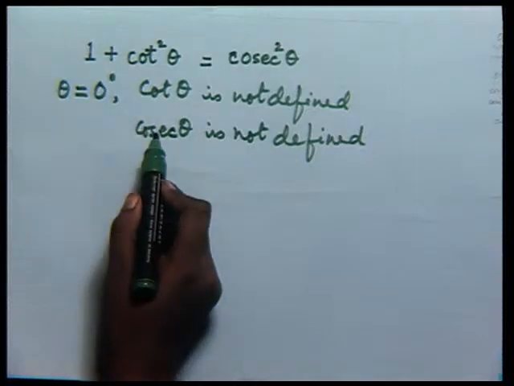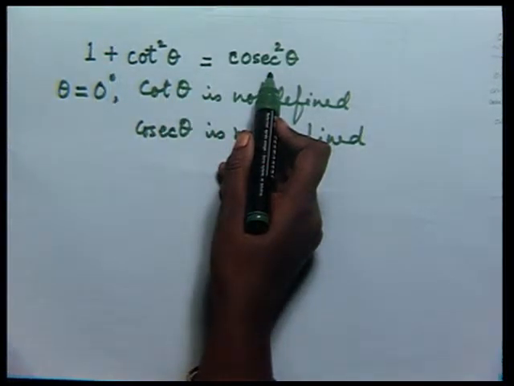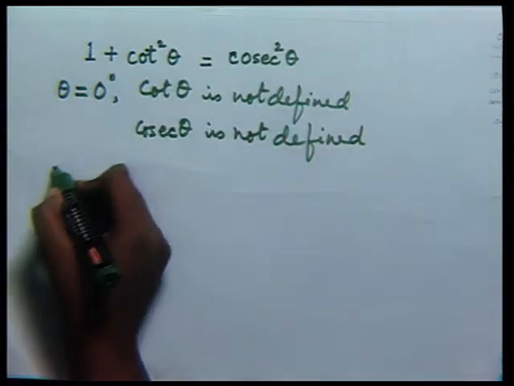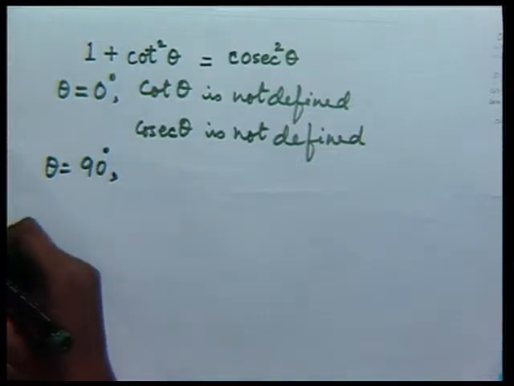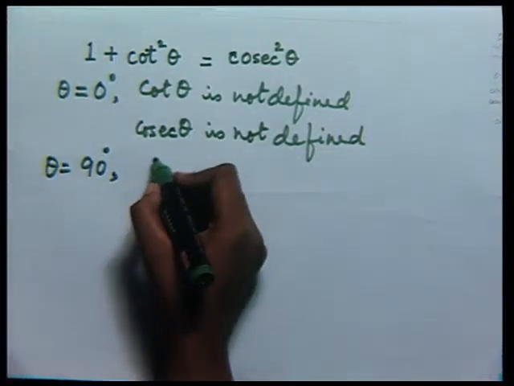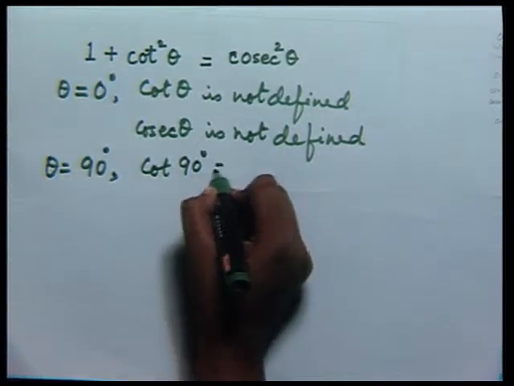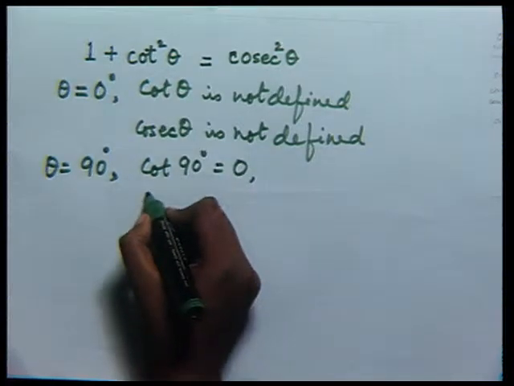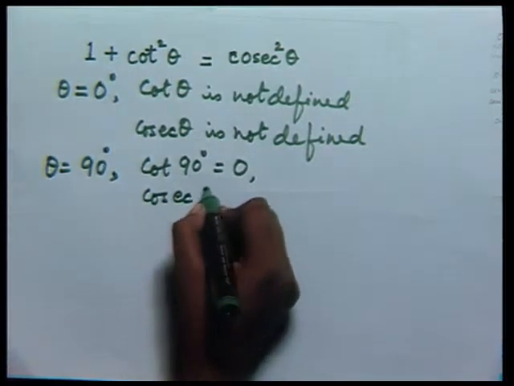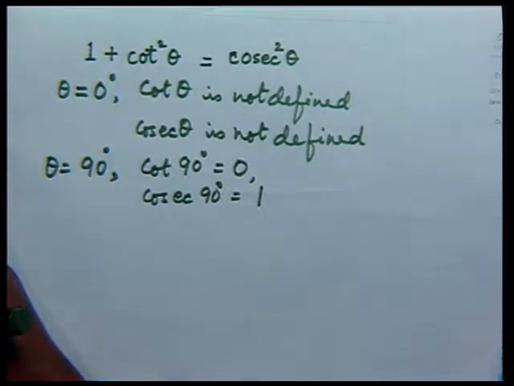So, for theta equal to 0, the left hand side as well as the right hand side of this equation is not defined. Let us see for theta equal to 90 degrees. When theta becomes equal to 90 degrees, then we have cot of 90 degrees equal to 0 and cosec 90 degrees equal to 1.